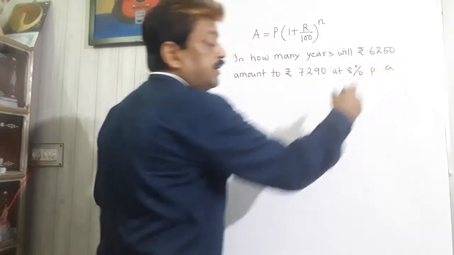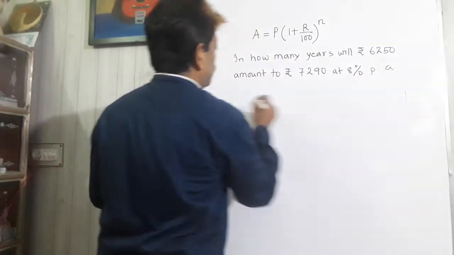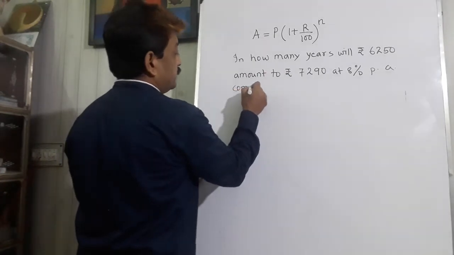Per annum, PA, means per annum, compounded annually.